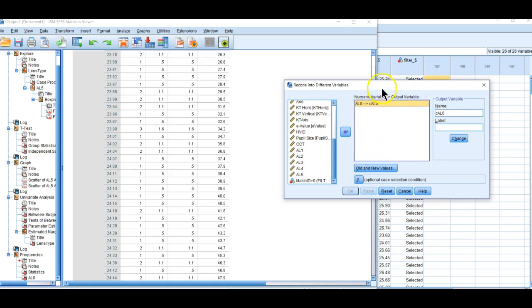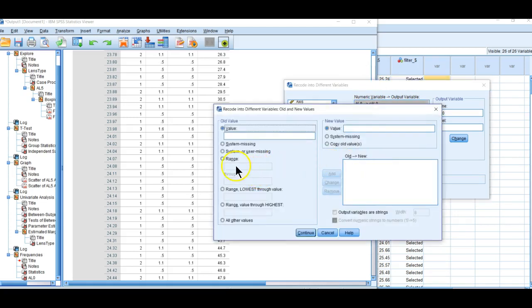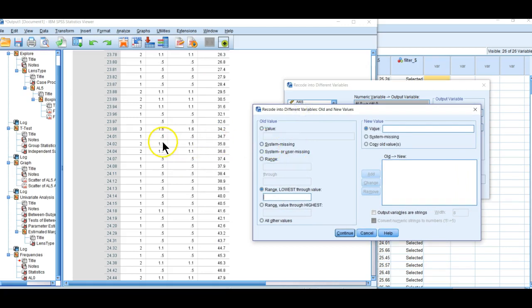So over here, where we're recoding into a different variable, we're going to look at our old and new variables. We're going to look at a range from the lowest point to 23.97, and we're going to give that a value of 1.